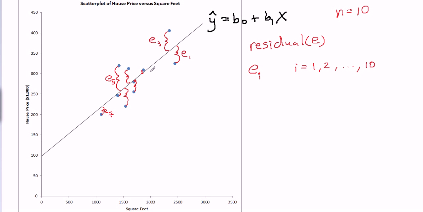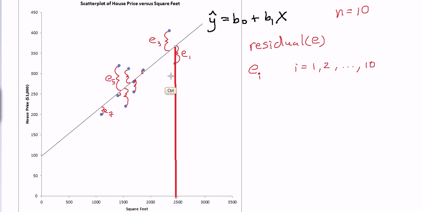Now I want a line that gets as close as possible to all these points. It turns out that if I were to just focus on one of these, I can get the height of this actual bracket. So let's just focus on maybe this one because there's a lot of space around it. Let me draw a vertical line from the line down to the x value here.